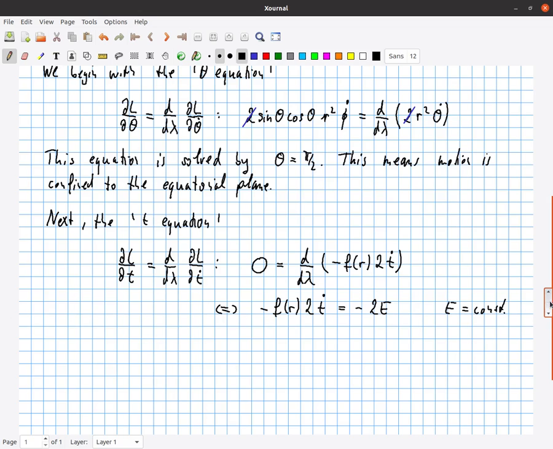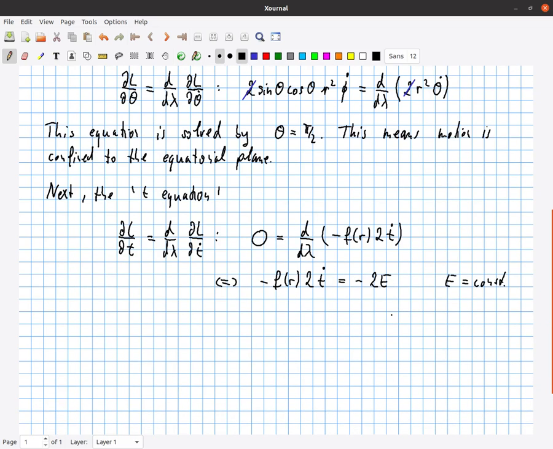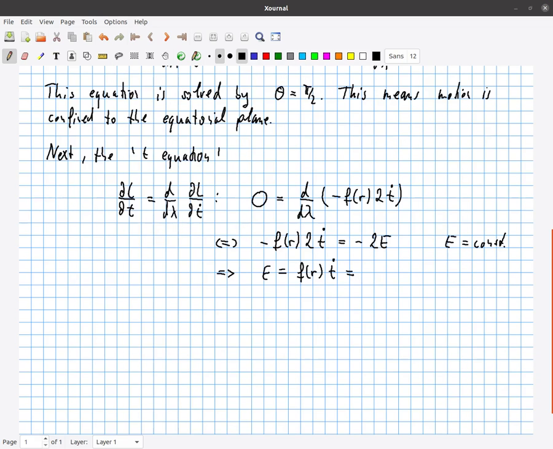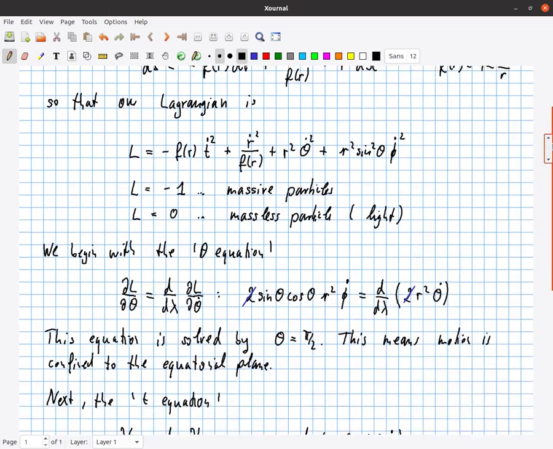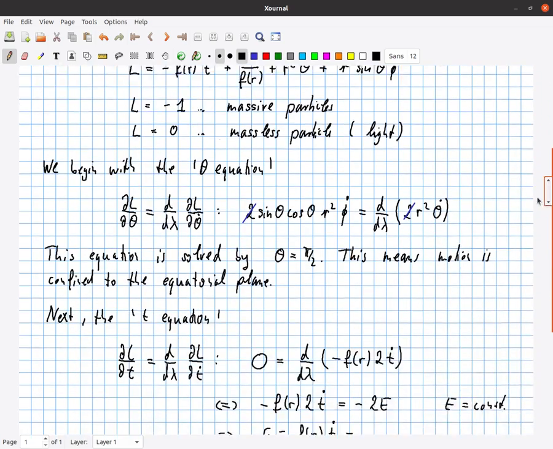That is a constant of integration, and this means in particular that we have E equals f of r t dot. And this means we can write this E in the following way. If we scroll up here, we have that f is, you probably remember this, 1 minus 2m over r.